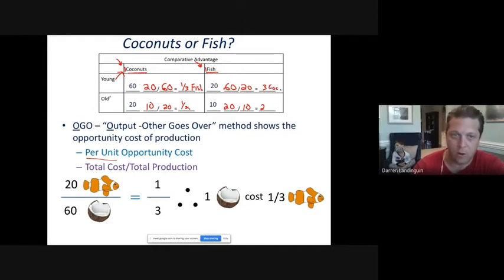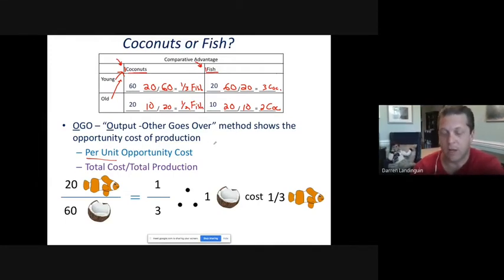Over here, the old man, if he focuses on coconut collection, it's going to cost him 1/2 of a fish. And if the old man catches a fish, it's going to cost him 2 coconuts. So essentially, we're looking at a per unit opportunity cost.